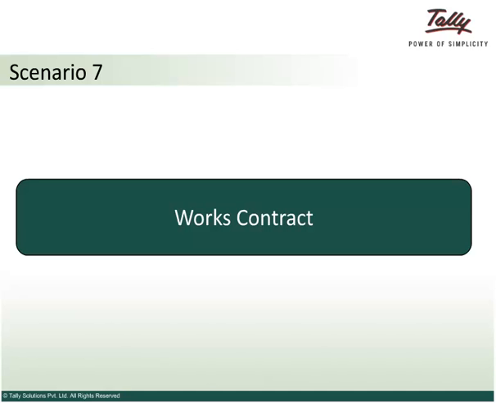In such a situation, when he raises the invoice, he needs to bill one single amount under the head, road laying charges. And he needs to charge VAT on a portion of the amount, and service tax on the balance amount. It is a complex scenario, but easily handled by Tally. Let us see how.